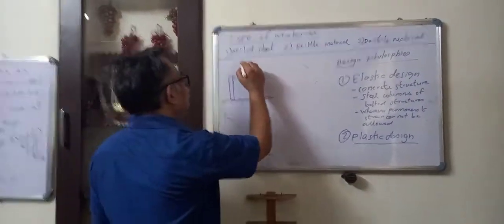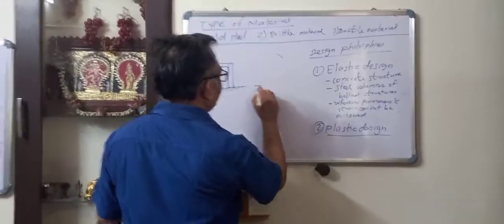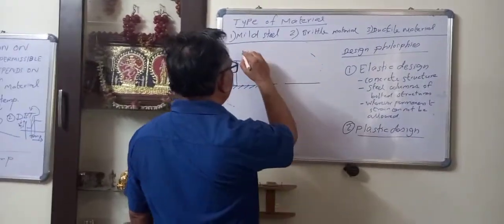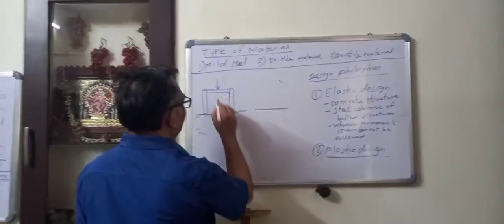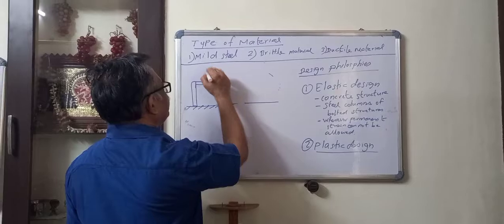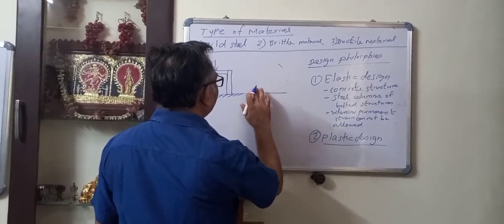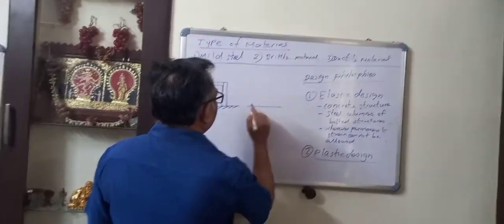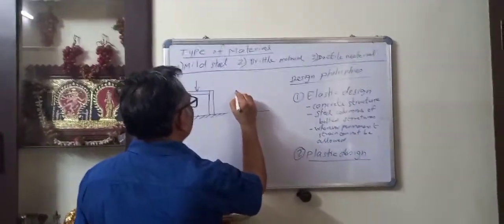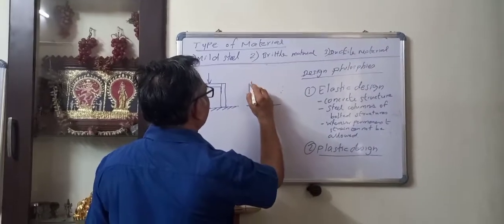If the load becomes more and more, what will happen? I will tell you the stages of how the structure will fail. When the load starts to be applied, you go on increasing this load. I will show it in a free-body line diagram.